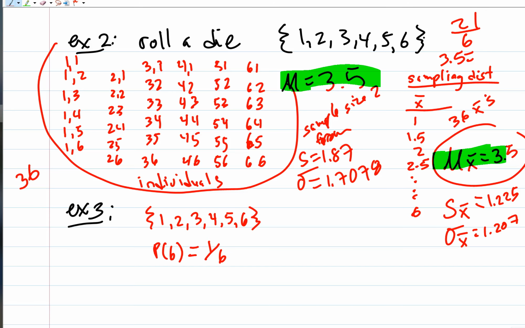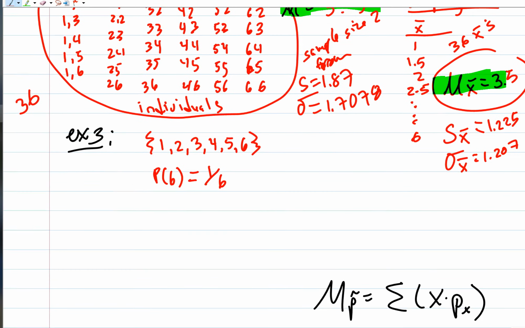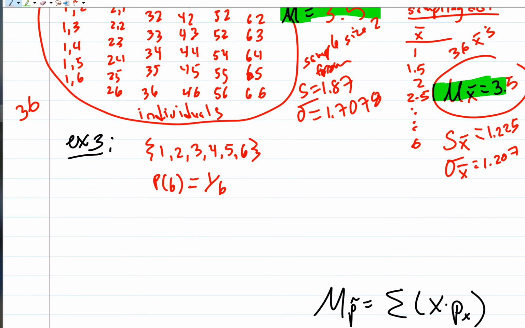So what I have here is we would say out of those 36, okay, then I could say the proportion of those, we would have a collection of proportions would be 0, 0, 0, 0, 0, 1/2, 0, 0, 0, 0, 0, 1/2.